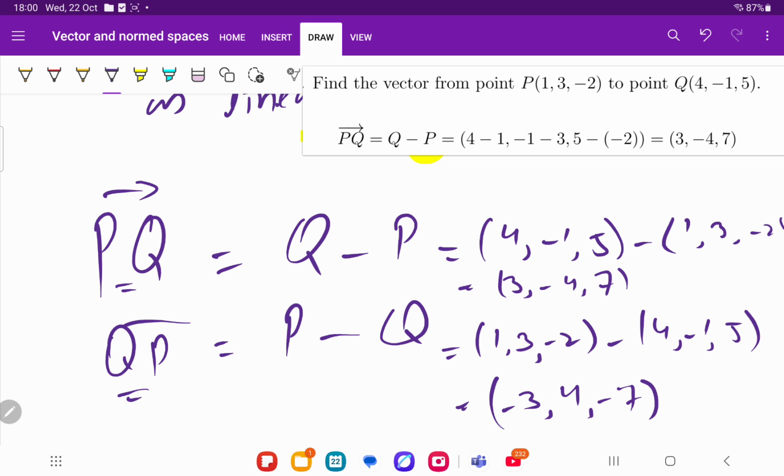So you could see a comparison of PQ and QP.